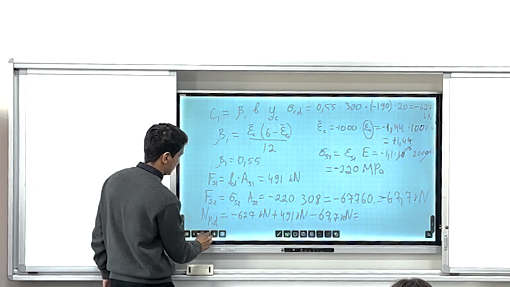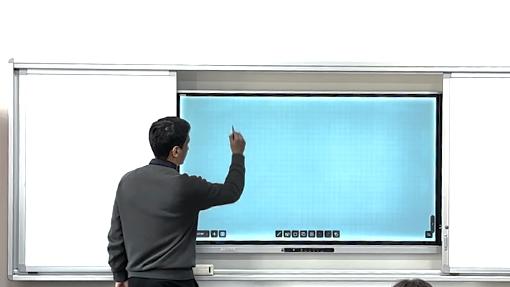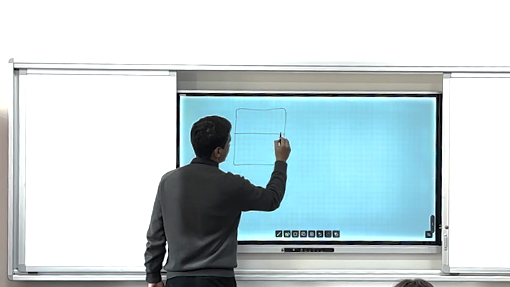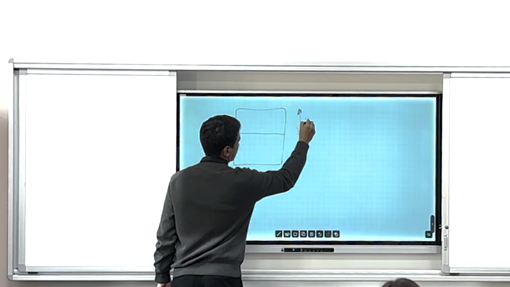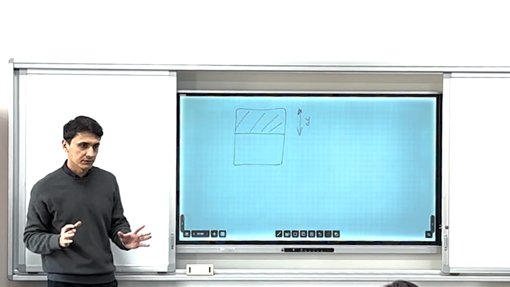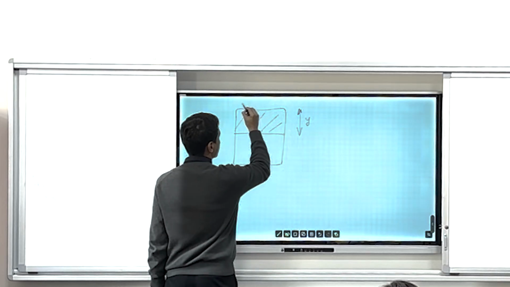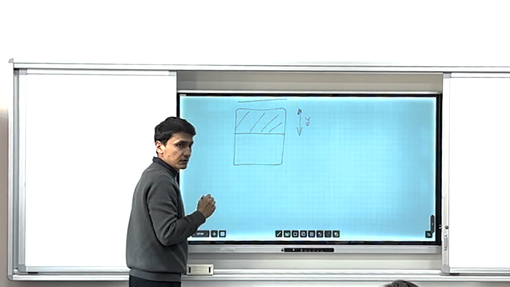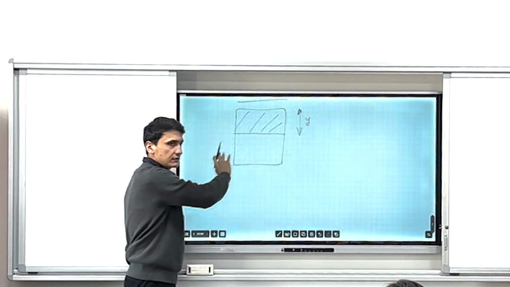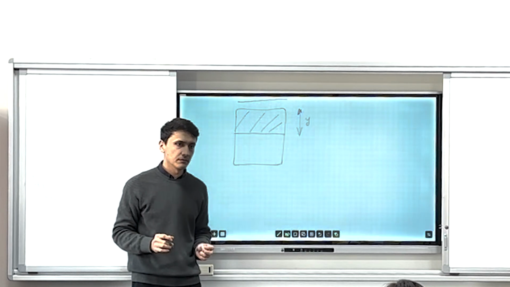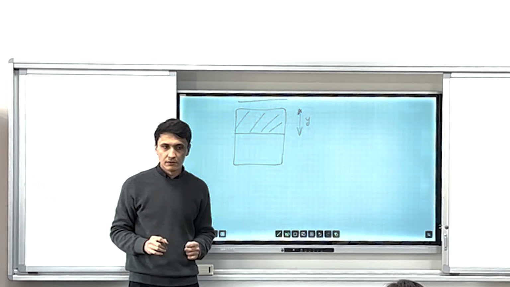In our case, our neutral axis is within the section, inside our section. But there are cases where the neutral axis is here. I mean, your section is all in tension. You will not have a compressed part. It is also possible.